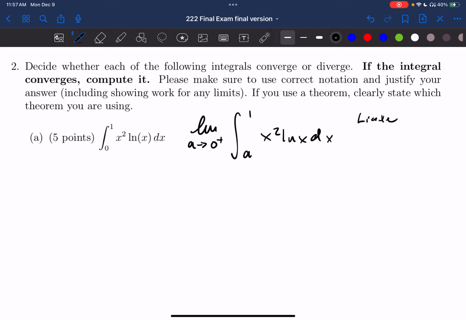Looking at LIATE, we see log comes first, so you will set u equal to ln x. So du will be equal to 1 over x dx. Therefore, dv will be equal to x squared dx, and the antiderivative of x squared will be x to the third power divided by 3.